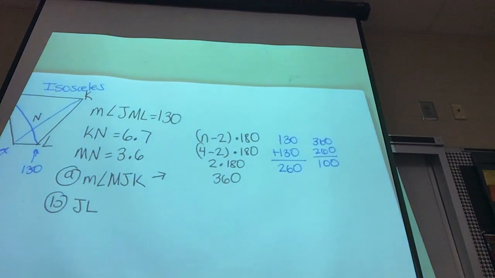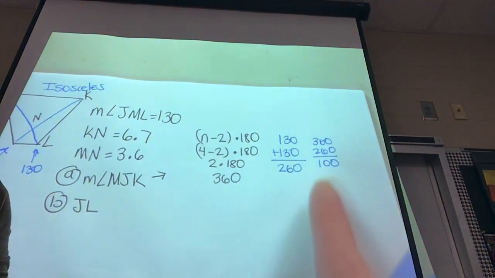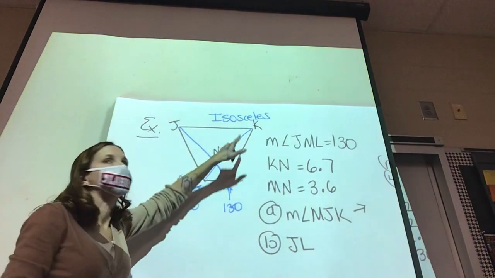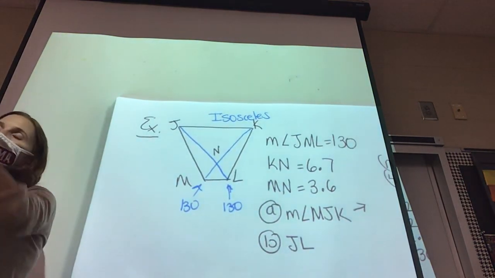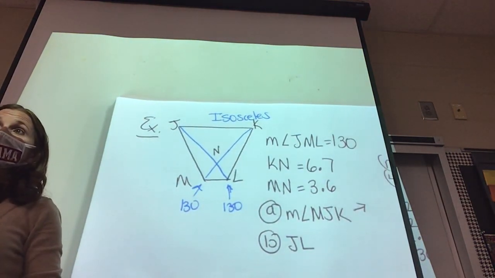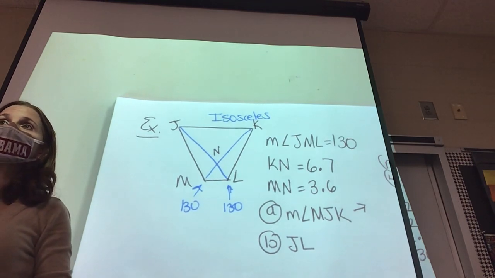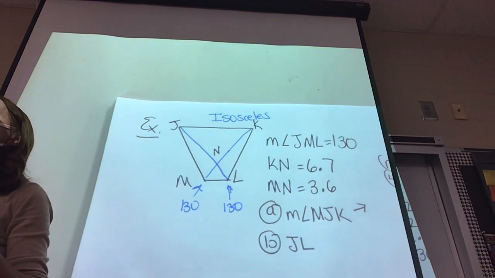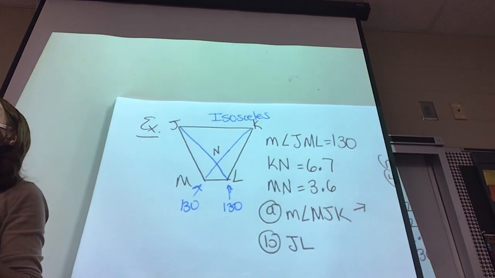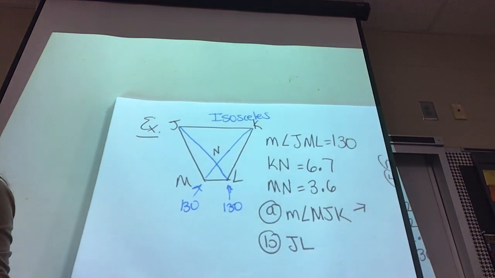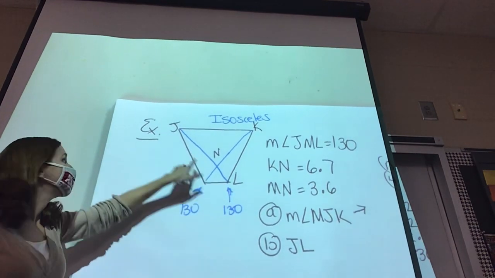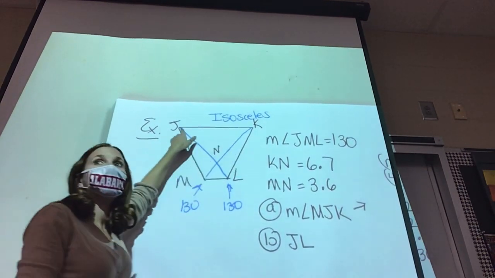So now, how is that 100 going to tell me what these two are? Split it in half. Why? Because what did I tell you about an isosceles? They have to be the same. So if these two were the same measurement, these two have to be the same measurement.